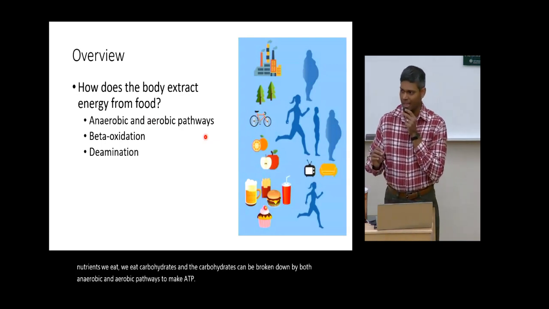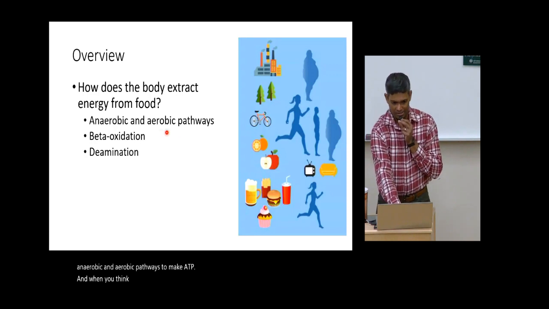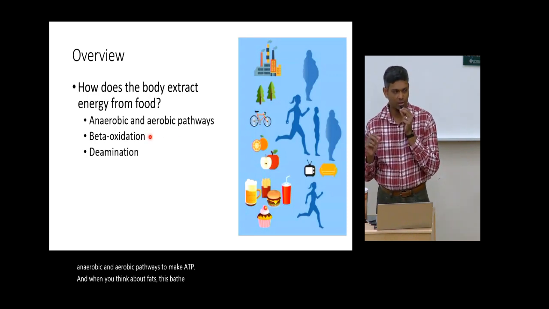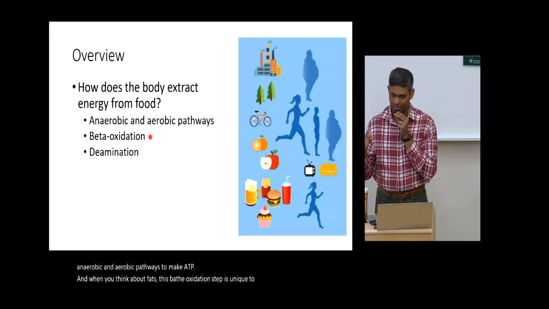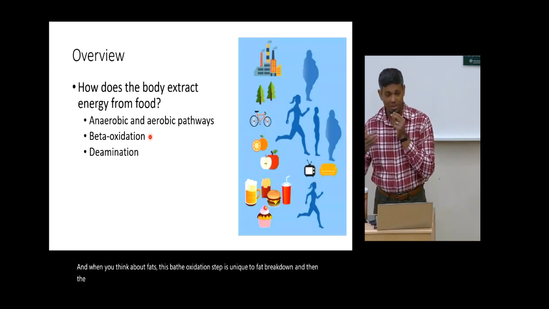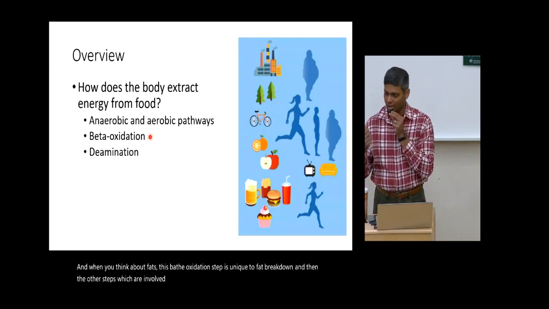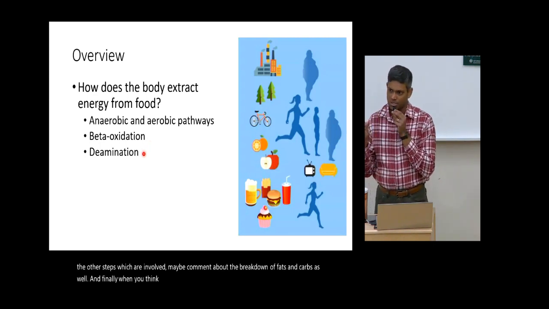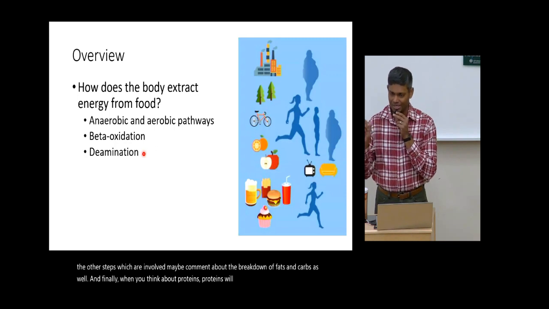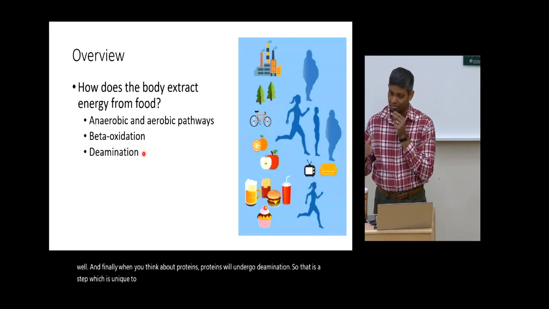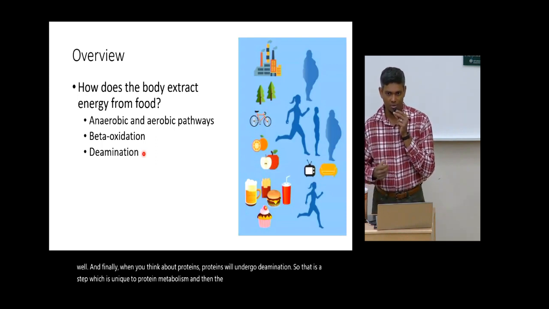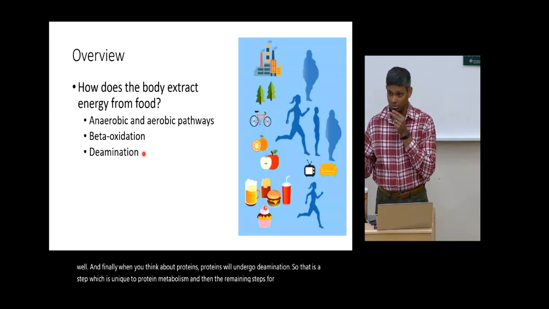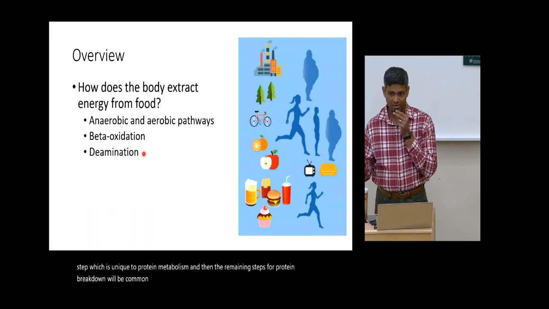When you think about fats, the beta oxidation step is unique to fat breakdown, and the other steps may be common to both the breakdown of fats and carbs. And finally, proteins will undergo deamination, a step unique to protein metabolism, and the remaining steps would be common to carbohydrates, proteins and fats, right?